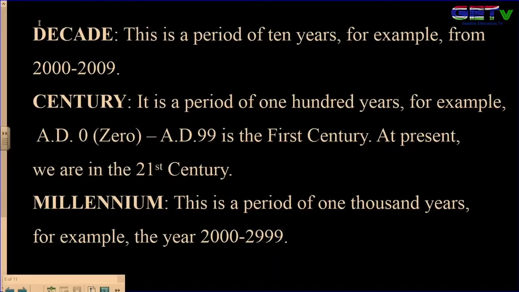Another one is decades. This is also a term used in the study of history. It is a period of every 10 years.